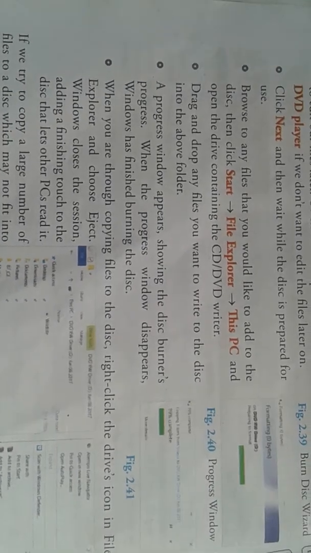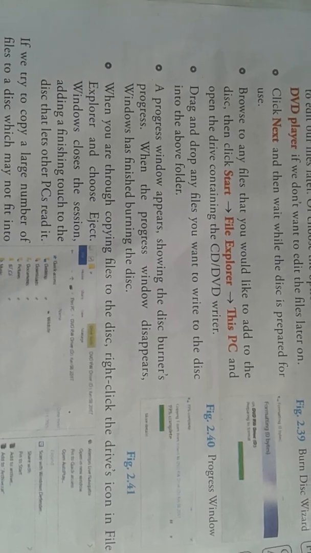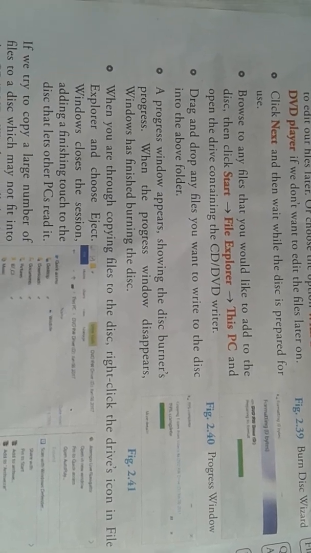A progress window appears showing the disc burner's progress. When the progress window disappears, when it's not showing, the window has finished burning the disc.